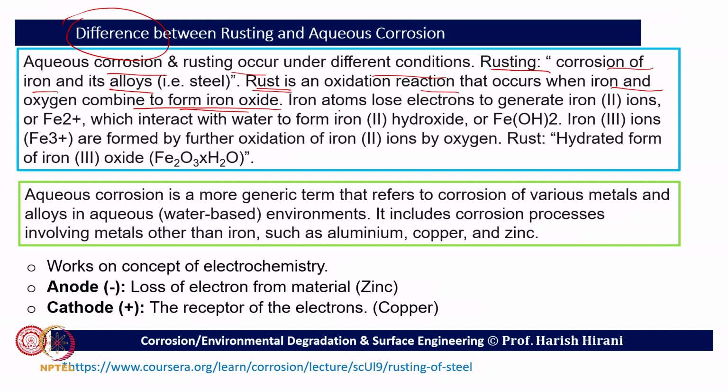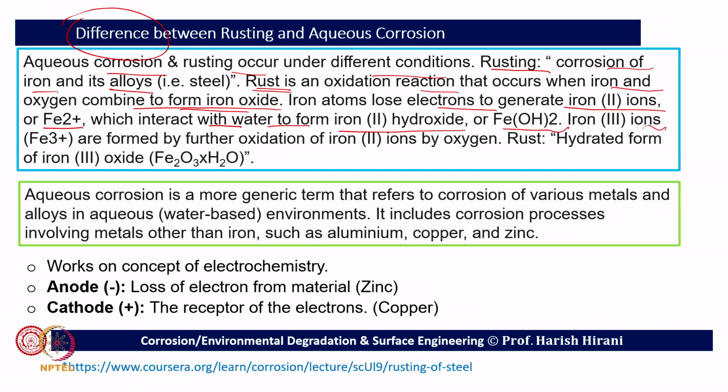Now, in this process we are explaining, the iron atom loses electrons to generate the iron 2 ion, the Fe2 ion. That interacts with the water to form iron hydroxide, because we know that water also makes a hydrogen ion and an OH ion, and when the hydroxide is free, there is a positive charge and a negative charge, so naturally it will make some sort of iron hydroxide.